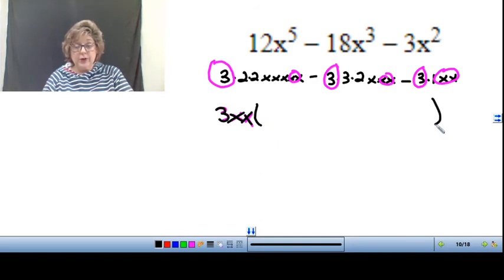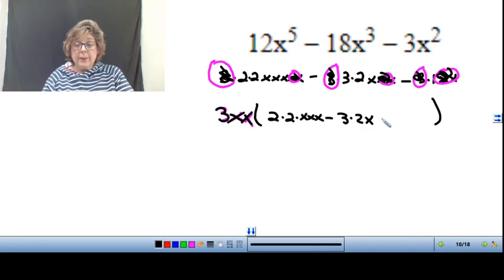And I'm going to put a parenthesis. So once I've brought out my 3 and my 2 x's, I'm going to scribble them out. And what I write here is what's left. So what's left? A 2 times 2, minus, a 3 times 2 with 1 x, minus.